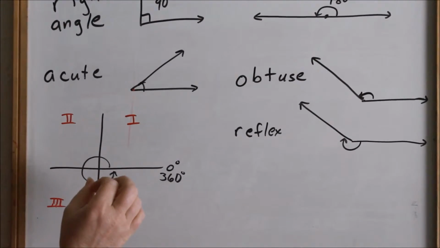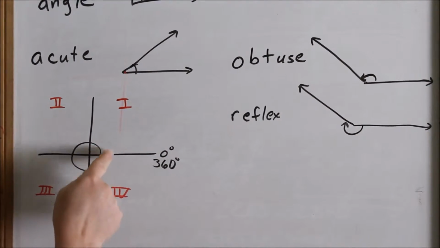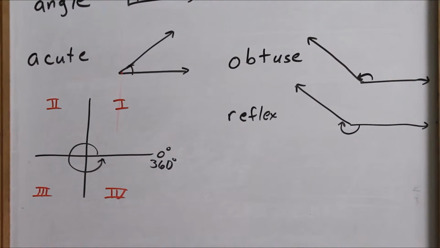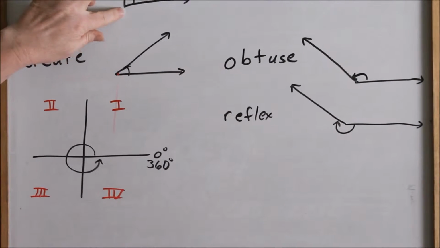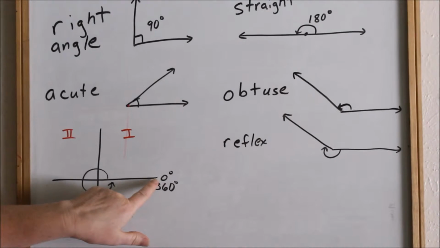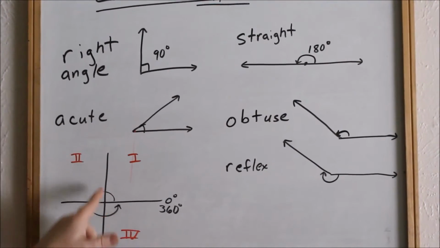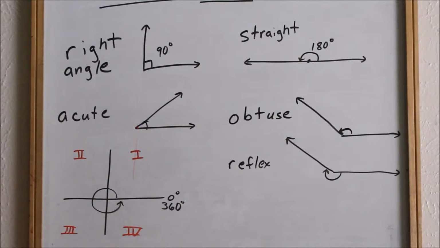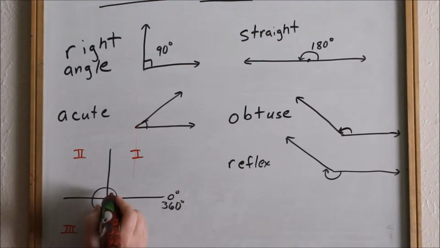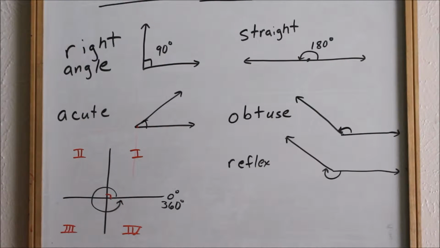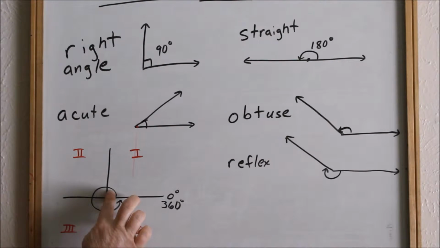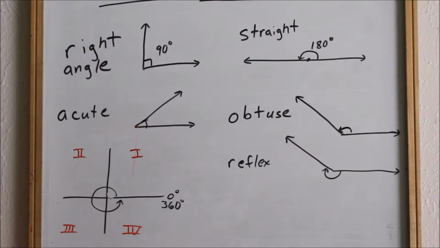Because remember, angles are measured in degrees, so a complete circle forms 360 degrees. So like a 90-degree angle, say right here, quadrant 1, if you had the x-axis and the y-axis, they are perpendicular. And this angle right here forms a right angle. So the x-axis and the y-axis form a right angle, 90 degrees.